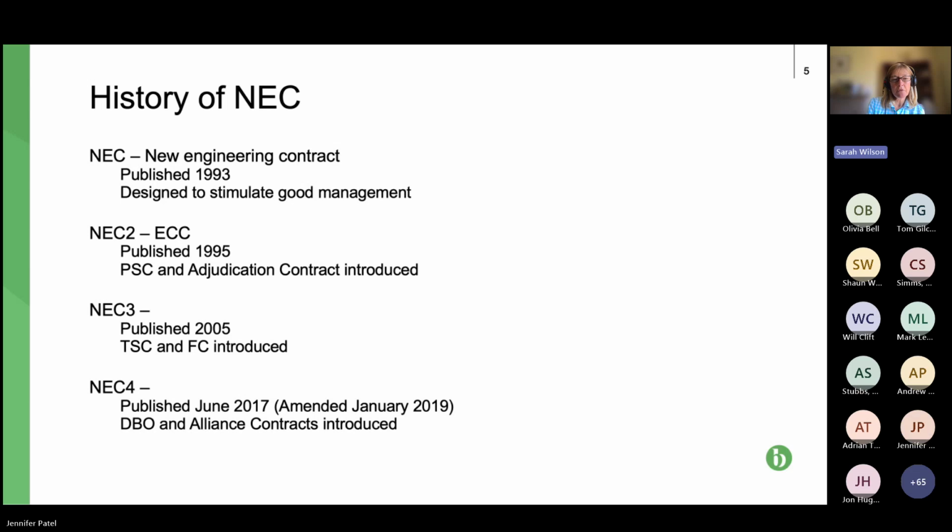So with NEC 4, it was brought out in 2017, amended January 2019, and there have been a couple of amendments since then. The two new contracts they brought out were the DBO, the Design, Build and Operate, which we'll come to in a minute, and also the Alliance contract. So again, we'll come to that in a minute. So if we can have the next slide, please, Jen.